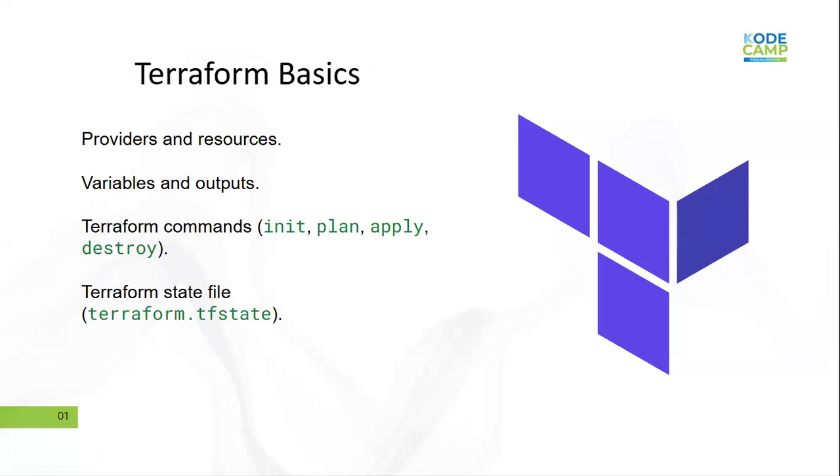A Terraform provider is basically a plugin that allows Terraform to talk to other external services. The bridge between your Terraform code and your infrastructure is what they call the provider. There's the AWS provider, the Azure provider, GCP, Kubernetes, all of them.